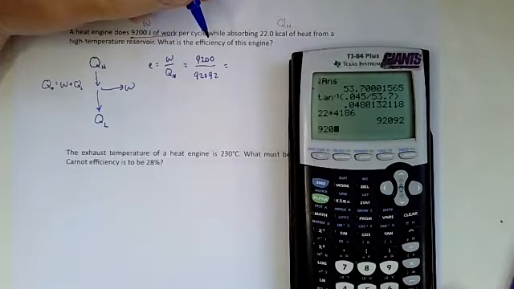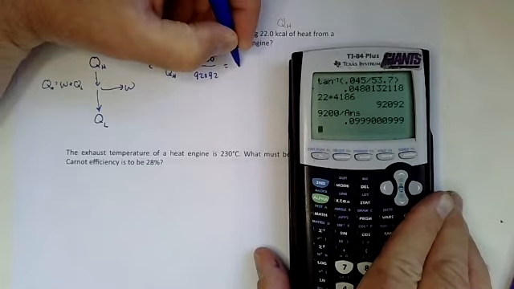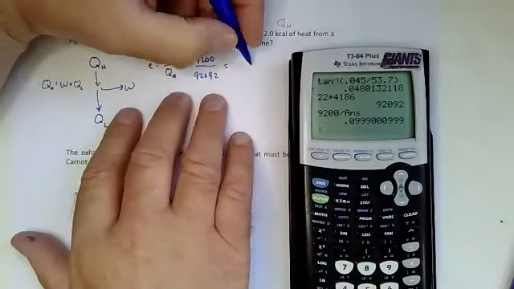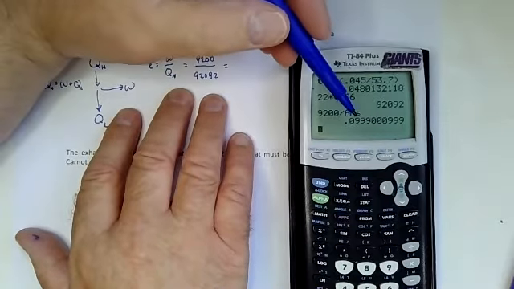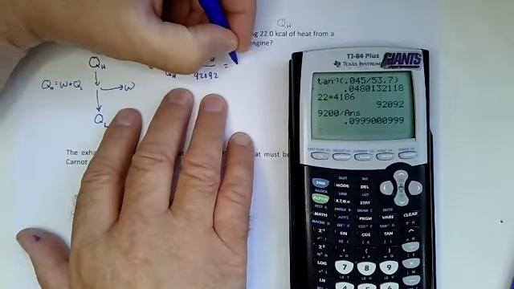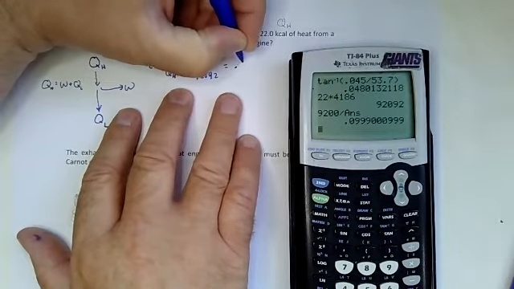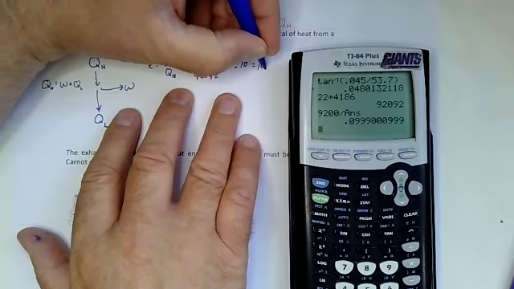So 9,200 divided by the answer I just got. Yeah, that's not great, is it? So that's about 10% efficient. Looks like they want two significant digits for this. So that would be 0.10, which is equal to 10%.